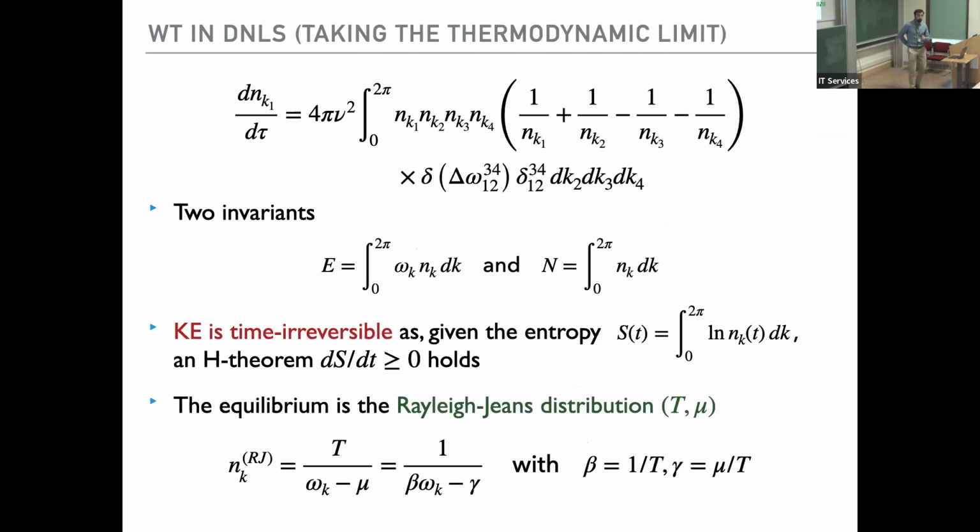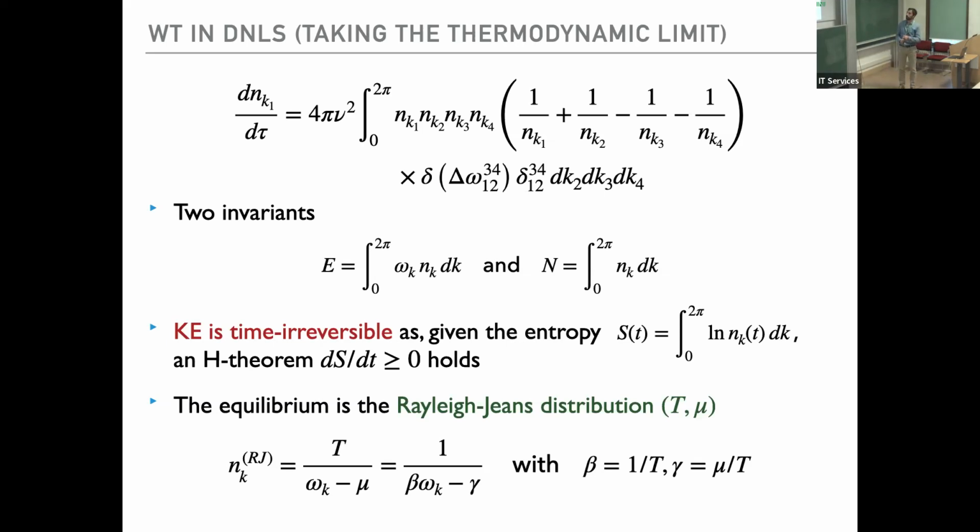Right. What are the beautiful things of this equation? Well, this equation has two invariants, so you can demonstrate that the energy, which is now only the linear part of the energy, and the total number of particles are conserved. Oh yes, I haven't said something. All this theory is obtained in the limit of weakly nonlinear regime.